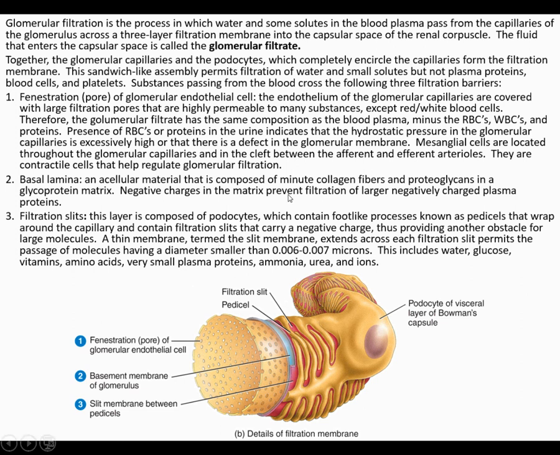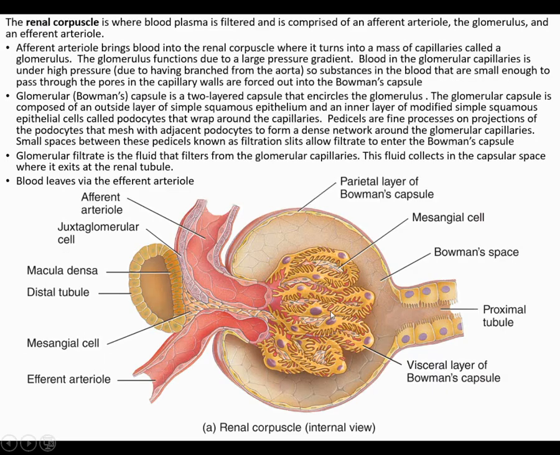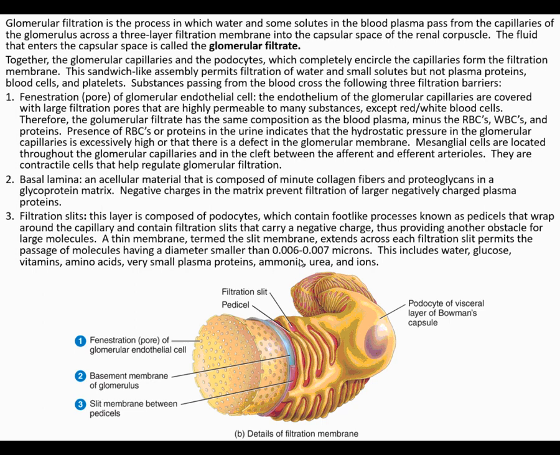Okay. What we have pictured down here is a small segment of our glomerular capillaries and the podocytes surrounding them. So we basically just took a little chunk out of our net there. Okay. If we look, we see that the capillary itself, its wall is very, very porous.